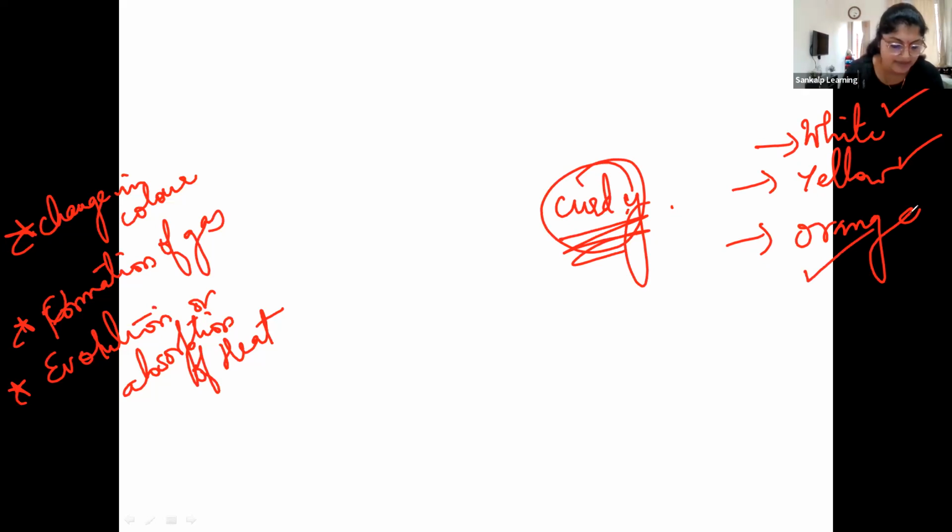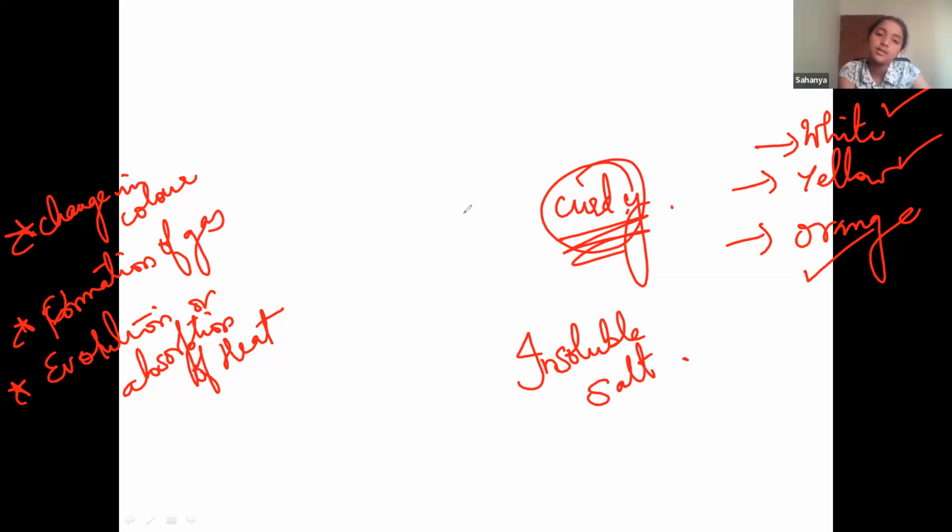What is a precipitate? It is an insoluble salt. Insoluble salt means what? They have given, see, a precipitate is an insoluble compound which is formed in a reaction involving solutions. Means what? There will be two solutions.